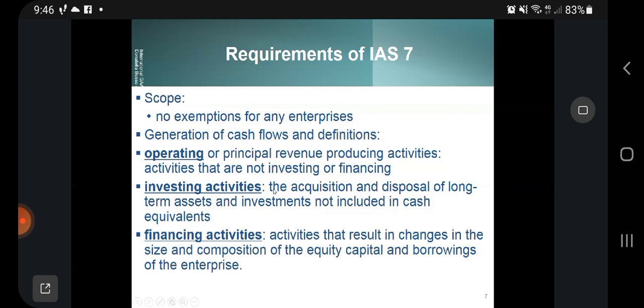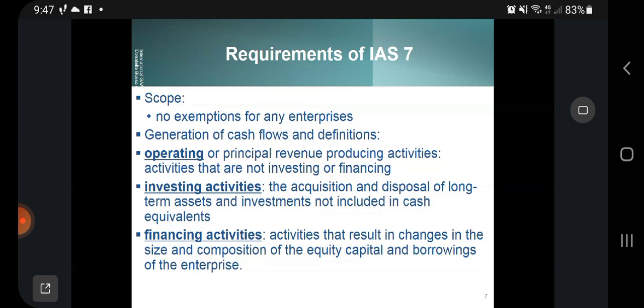The third category of the cash flow statement is financing activity. These are activities that result in changes in the size and composition of the equity capital and borrowings of the enterprise. Now, in simple words, financing activities include every transaction that changes the financing structure of the company.